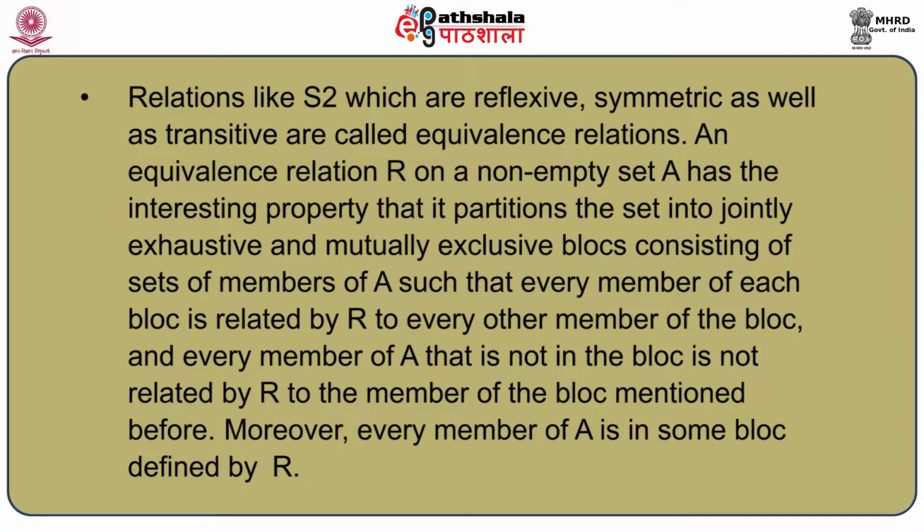An equivalence relation R on a set A has the interesting property that it partitions the set into jointly exhaustive and mutually exclusive blocks consisting of sets of members of A, such that every member of each block is related by R to every other member of the block, and every member of A that is not in the block is not related to the members of the block mentioned before. Moreover, every member of A is in some block defined by R.